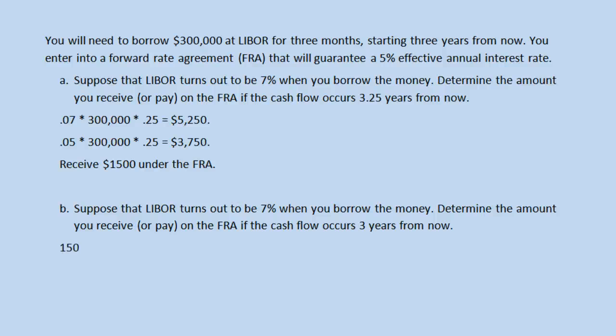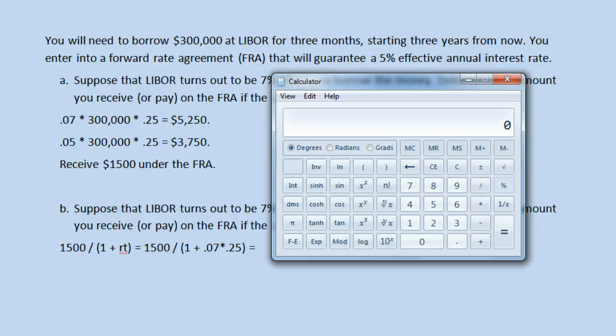We are going to discount the $1,500 using 1 plus rate times time, which in this case is 1,500 divided by 1 plus the interest rate 0.07, it's the actual interest rate that you use, times the time in the discounting, which is a quarter of a year.